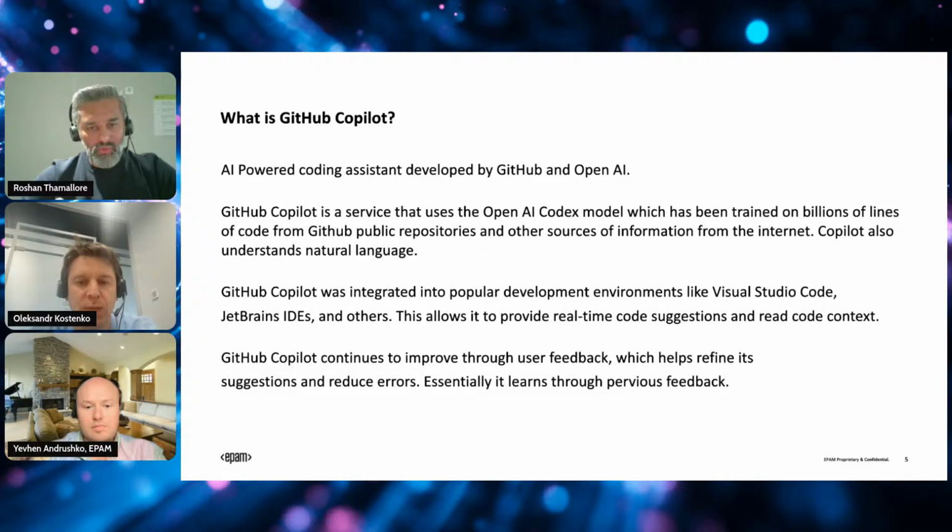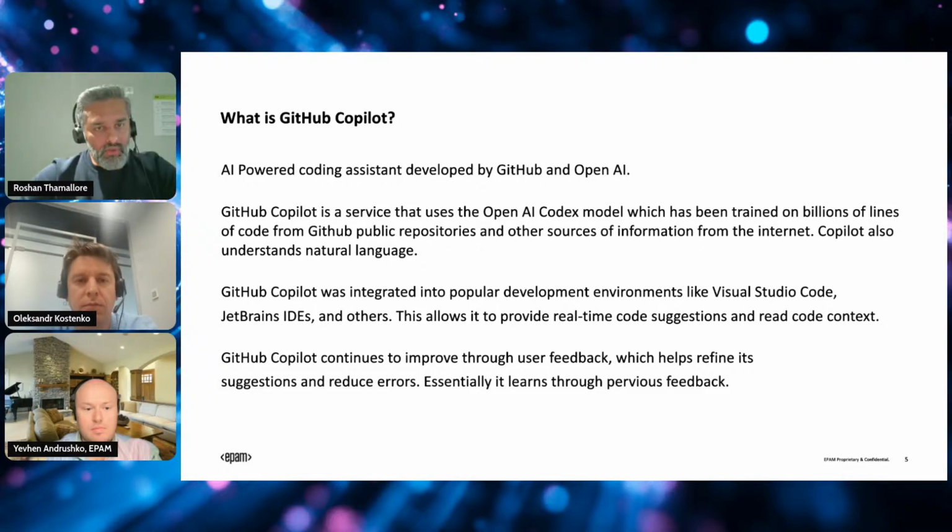So how do you work with Copilot? It basically comes as an integrated extension into popular development environments like Visual Studio Code, JetBrains IDE, and others. This allows the extension to provide coding suggestions and context-specific data.